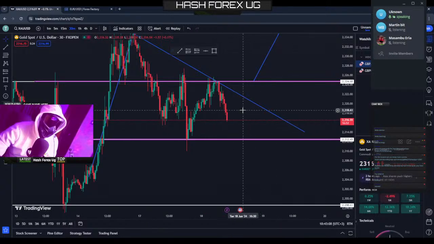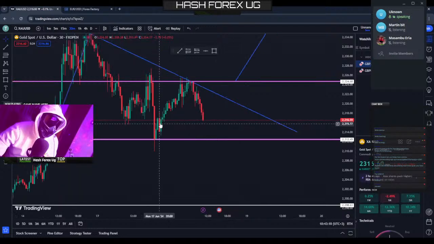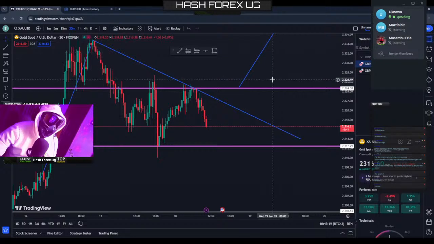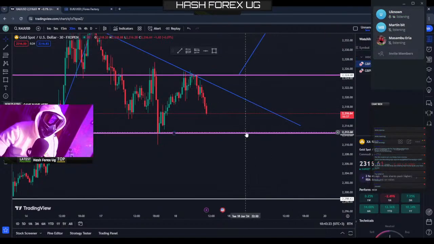So that's what you should look out for on gold. Avoid trading in this zone here, and look for some buys above. It has to break above here, or below that zone. Then that's where you'll be able to make some decisions on gold.